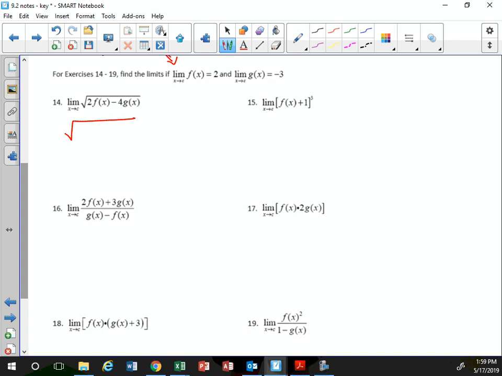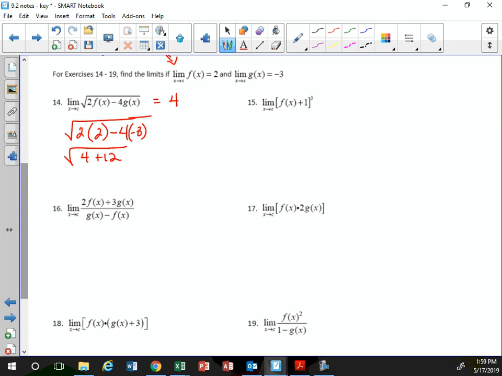So really what I'm looking at is the square root of 2 times the limit of f of x as x approaches c, minus 4 times the limit of g of x. So I've got 4 plus 12. What's my answer, guys? 4. 4. Quite a bit less scary than you thought.